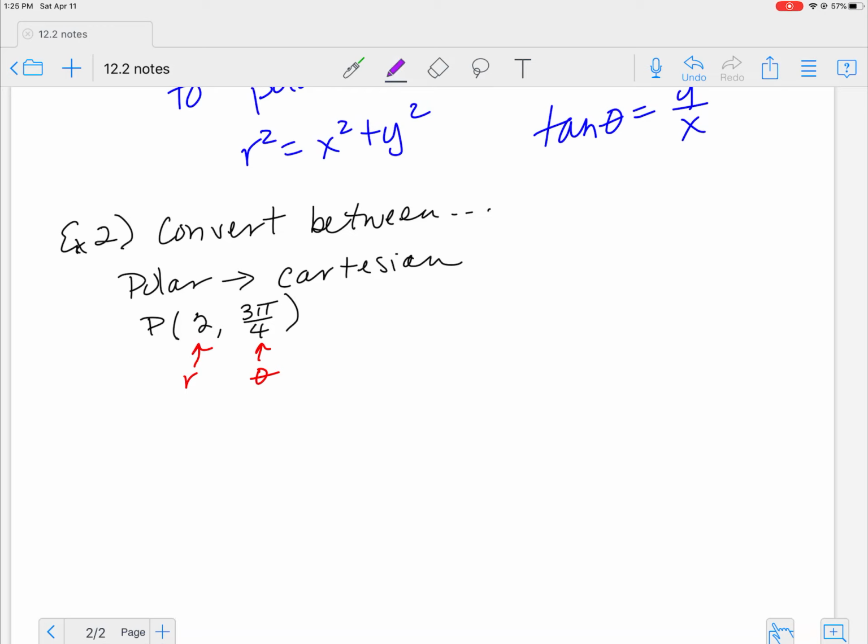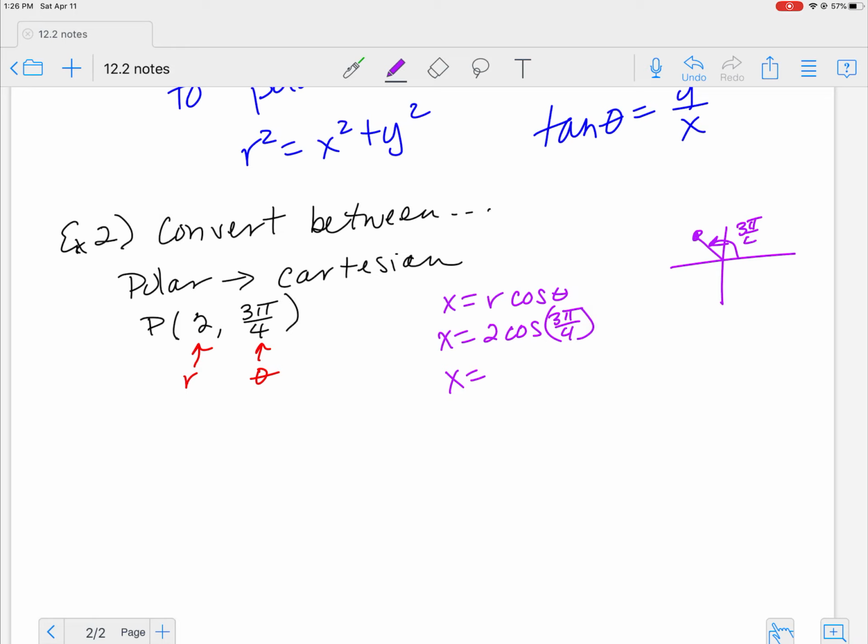In order to make these conversions, I want to come up with my x and my y. So my x here is going to be r cosine theta. So I have my x is equal to 2 cosine of 3 pi over 4. You're literally just plugging that in. Well, where is 3 pi over 4? It's back over here. This is my 3 pi over 4.